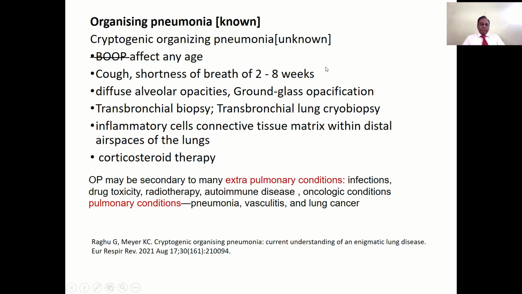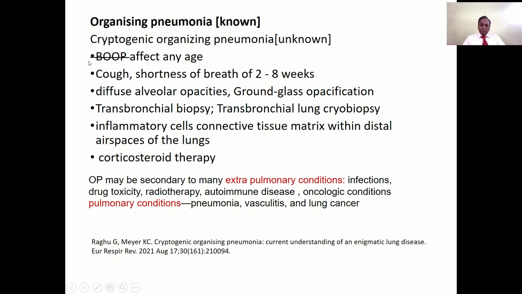Coming to another condition, it is called organizing pneumonia. I do not have a typical case presentation, but I want to share some newer ideas about organizing pneumonia. Previously we called this BOOP, that is bronchiolitis obliterans organizing pneumonia, and this terminology is outdated now.